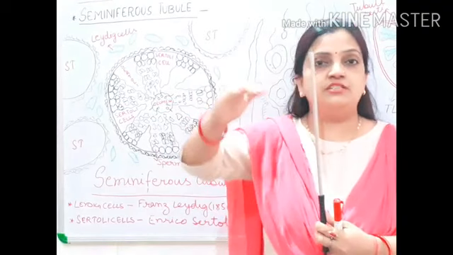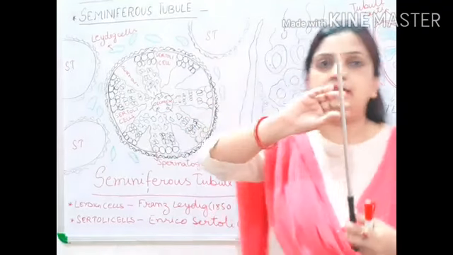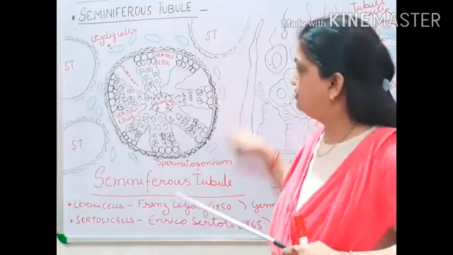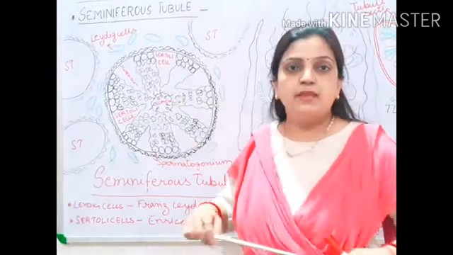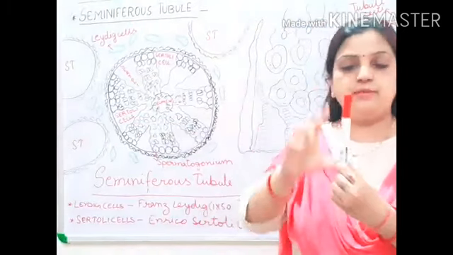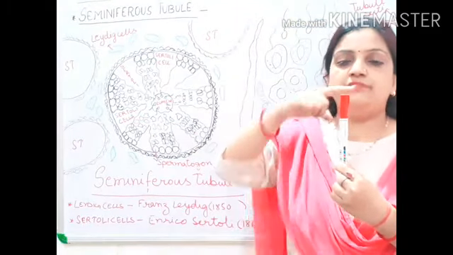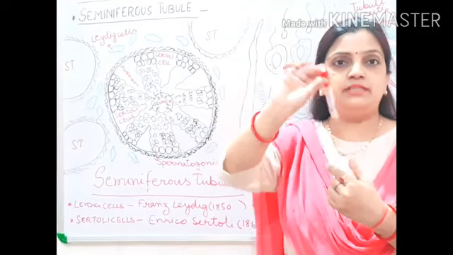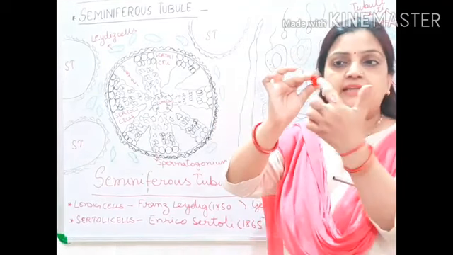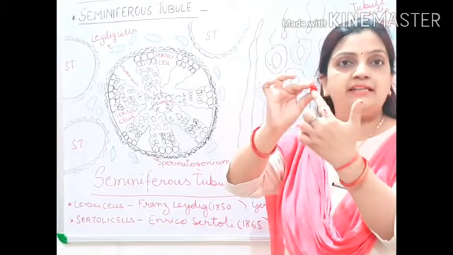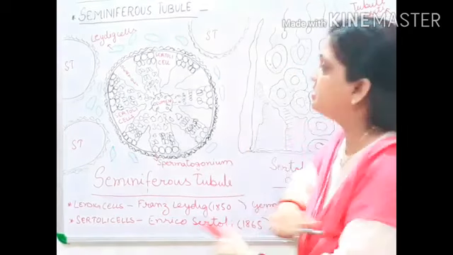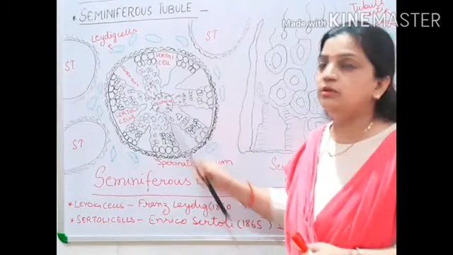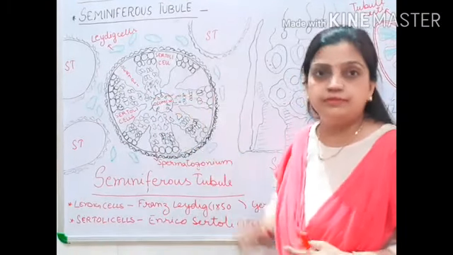When I have cut it transversely and I am seeing it in this form, this is the structure. So this was the seminiferous tubule. Now I have cut the tubule in a transverse section, and then I am turning the section in this way and seeing what is inside this part. This is the structure of the seminiferous tubule shown on the board.